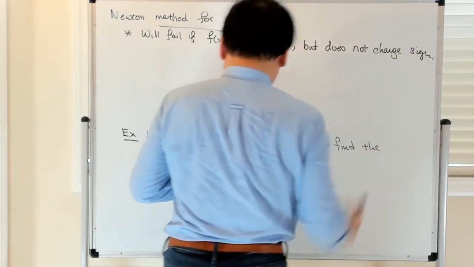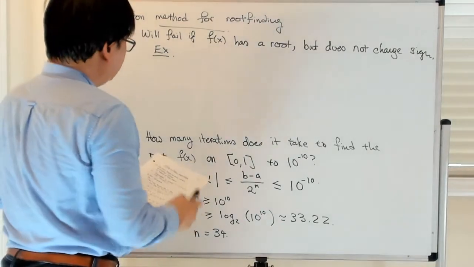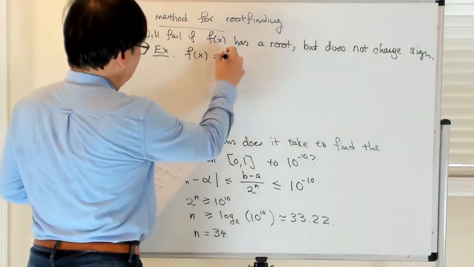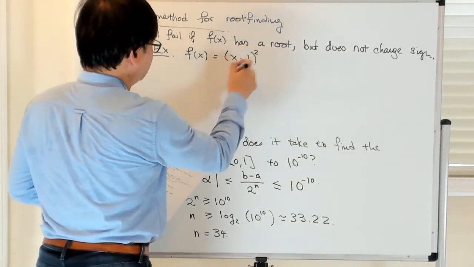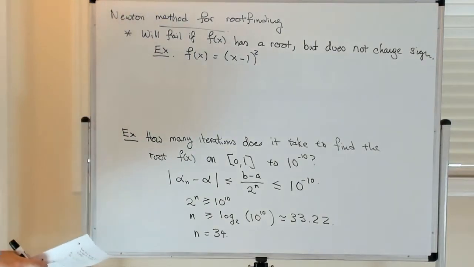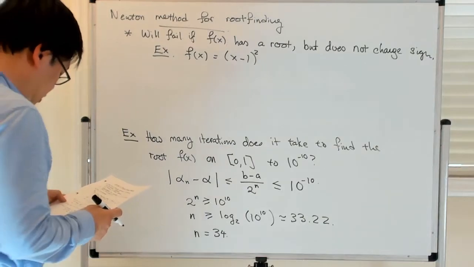One example of such a situation is if f of x has a repeated root at a point, say x minus 1 squared. There's a double root at 1, and that function doesn't change sign, but there is a repeated root at x equals 1 here.